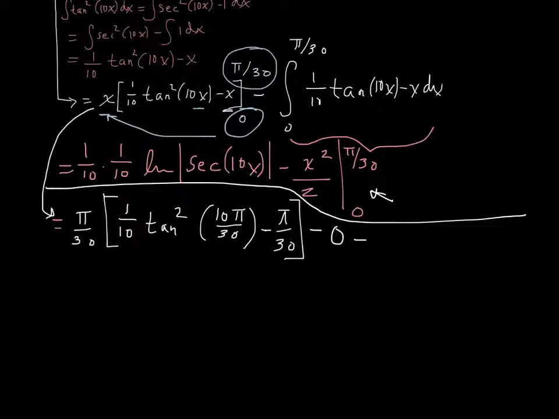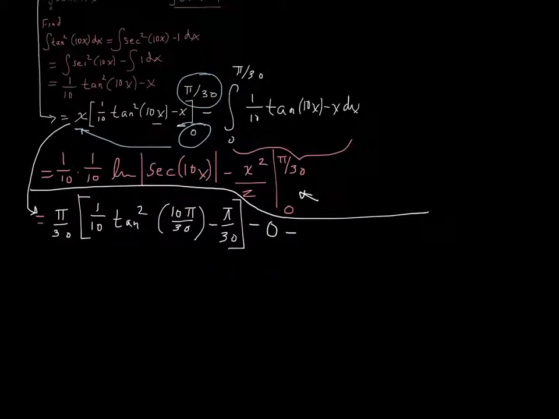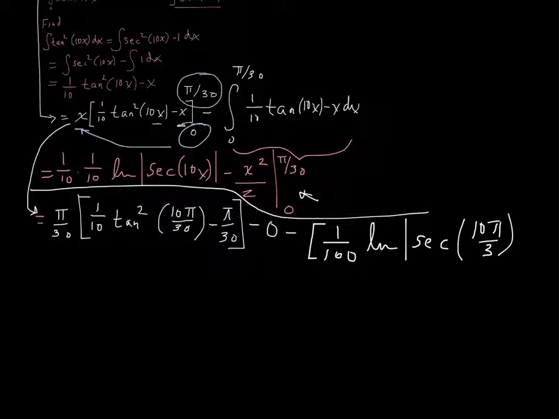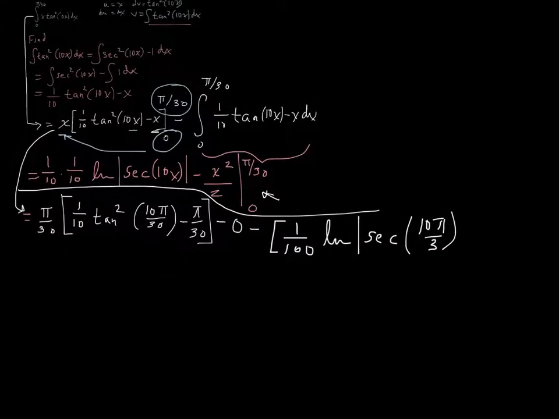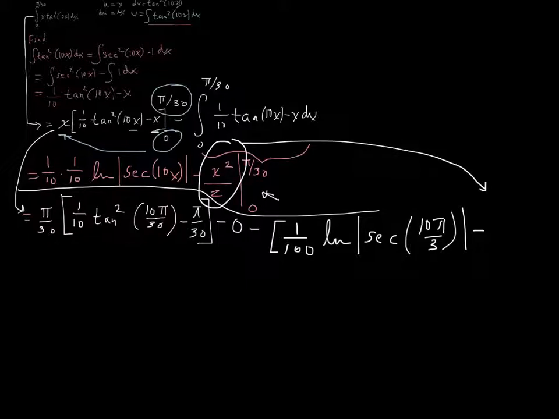So this junk up here, if I can get this to fit, probably won't, is I'm going to have minus 1 over 100, my 10 times 10, ln of the secant of 10 pi over 30, and that's absolute value, minus, so I'm right here, and that's going to be pi over 30 squared over 2.